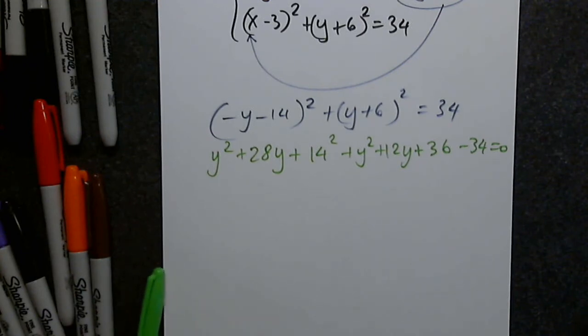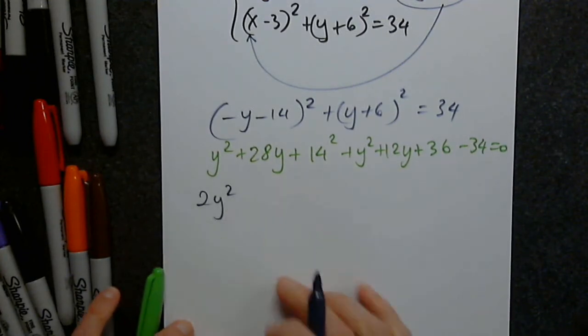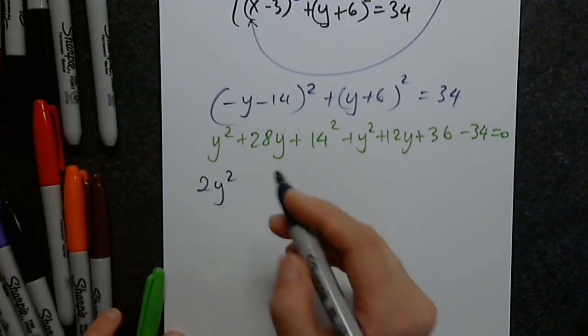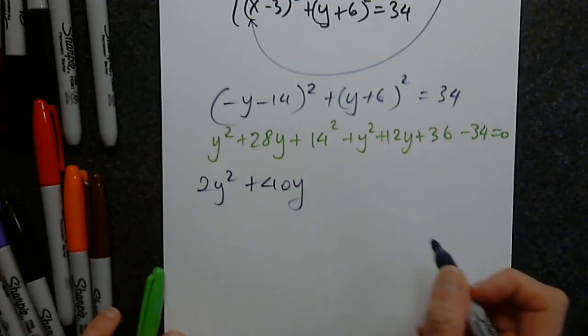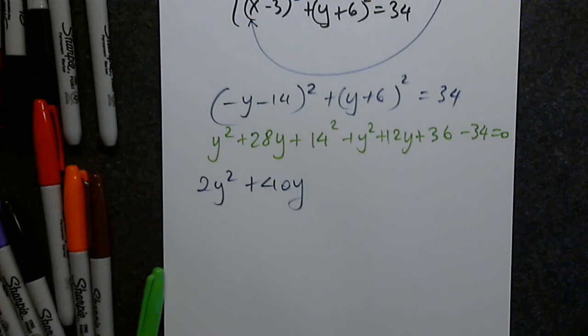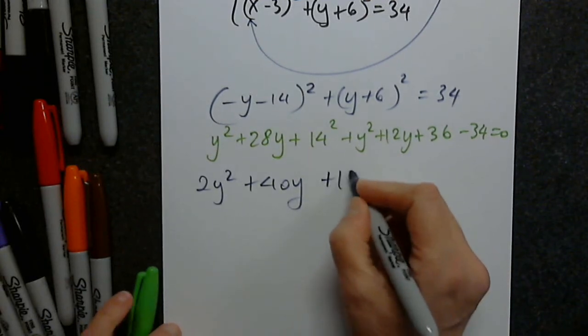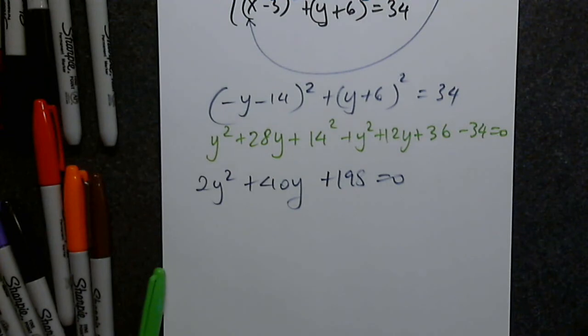So I see 2y squared. I see a positive 40y. And I'm not sure about the numbers. If you want to give them to me, it's 14 squared plus 2. Yes, 198. You know enough about me to answer the following question.